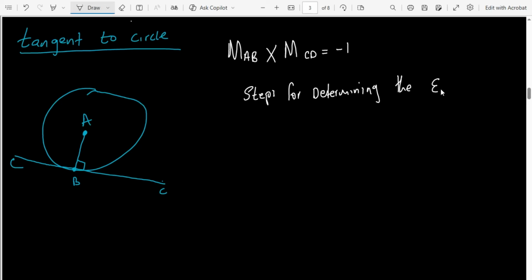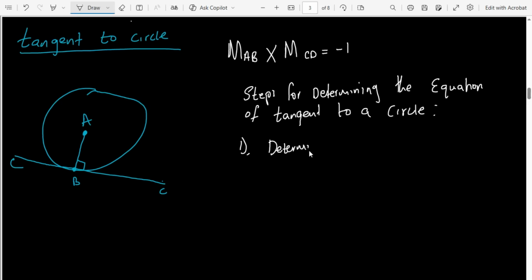Number one, make sure that you determine the coordinates of the center. You need to have the center. You need to determine the coordinates of the center. Okay, that's very important.